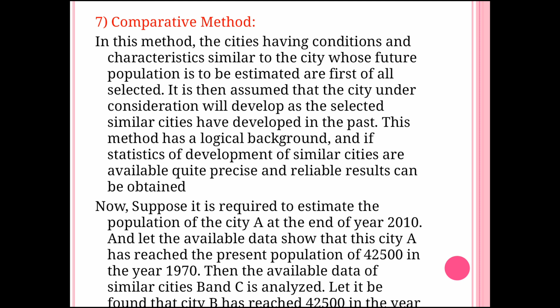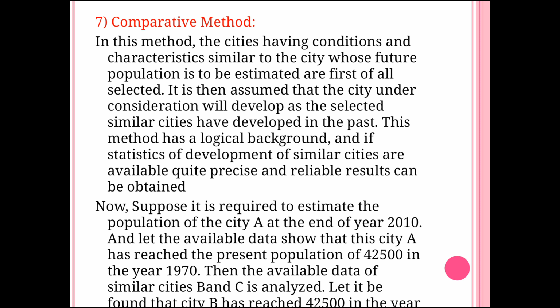It is then assumed that the city under consideration will develop as the selected similar cities have developed in the past. This method has a logical background, and if the statistics of development of similar cities are available, quite reliable results can be obtained.